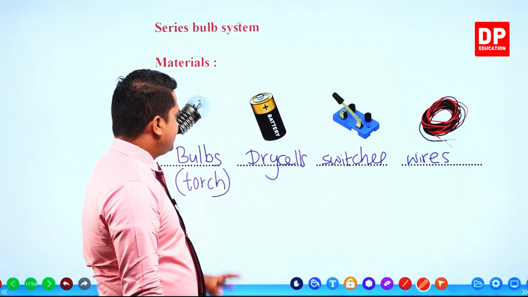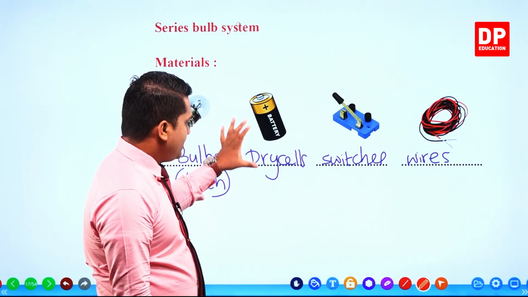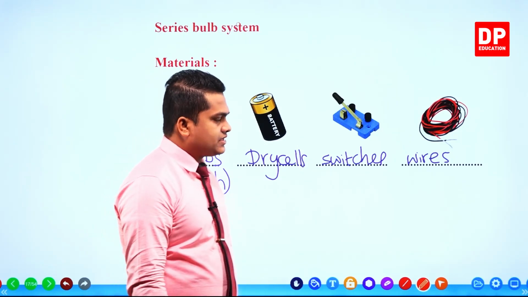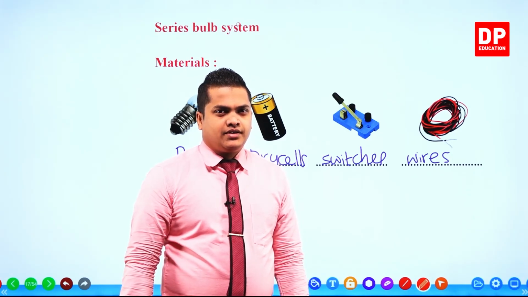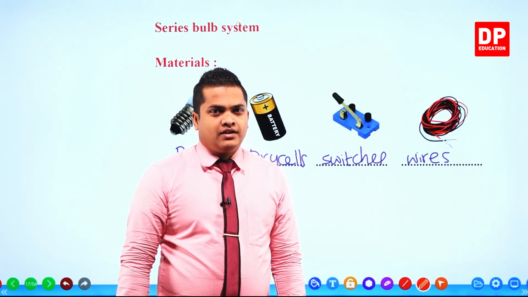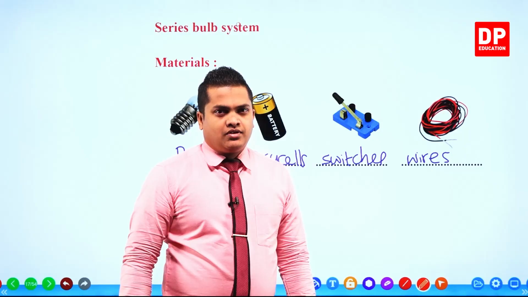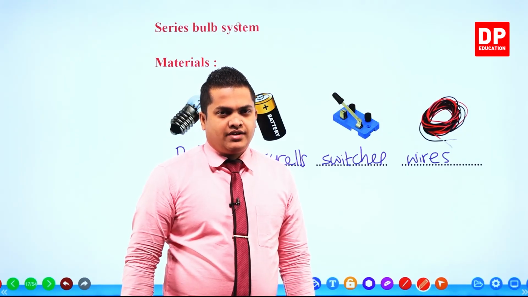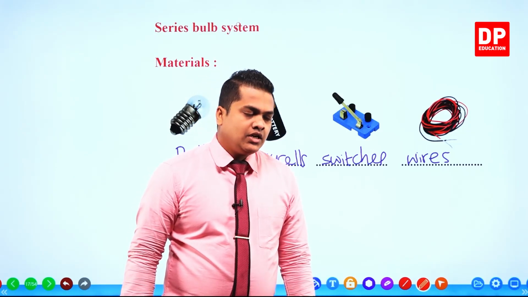So we'll be needing torch bulbs for sure, then dry cells, some switches and some connecting wires for connecting purposes. You know that rather than wrapping wires around, you can use crocodile clips or other clips that can hold connecting wires together. You can use those things as well if you need.